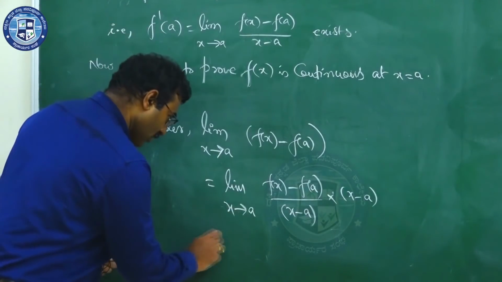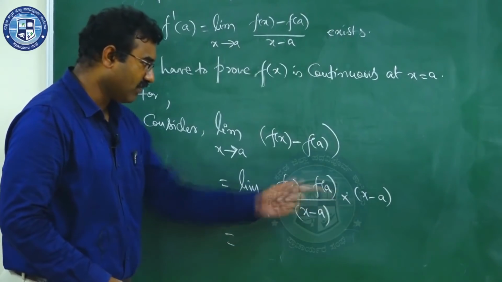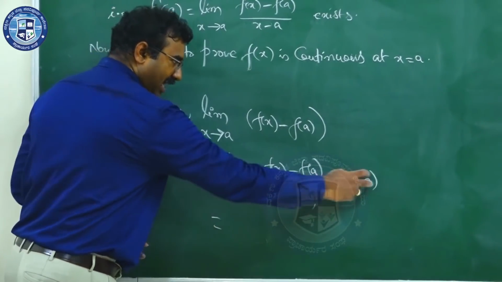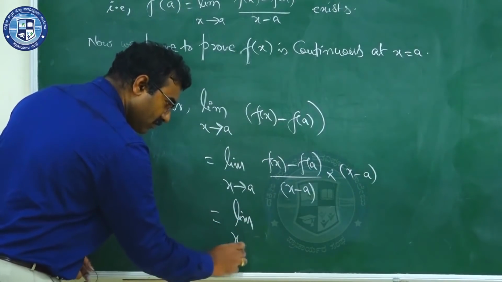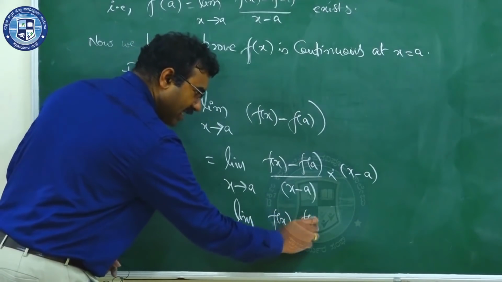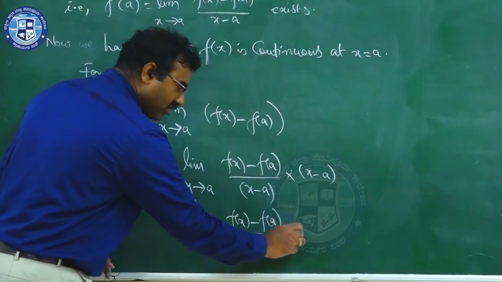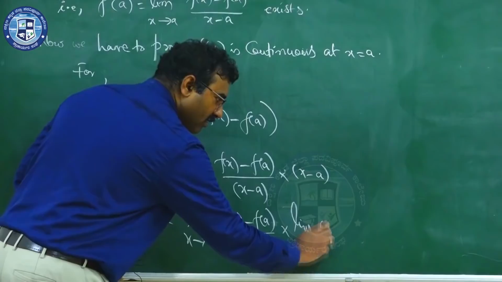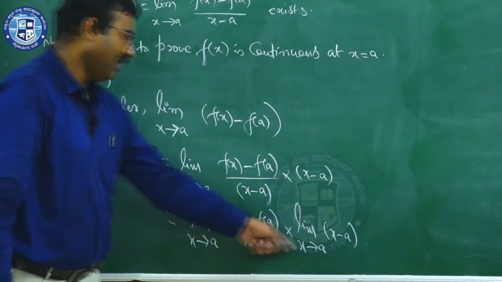Now, by the algebra of limits, I apply the limit separately for this function and for this function. Limit x tends to a, (f(x) minus f(a)) divided by (x minus a), into limit x tends to a of (x minus a).